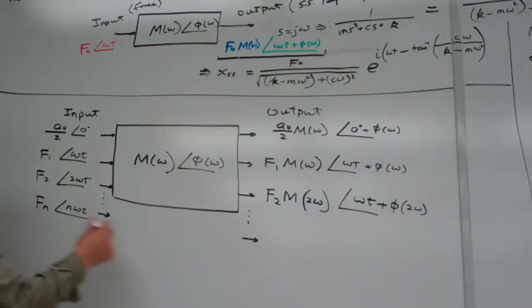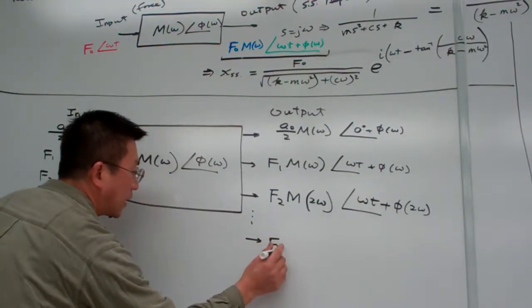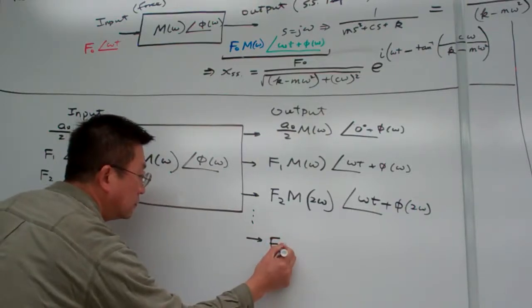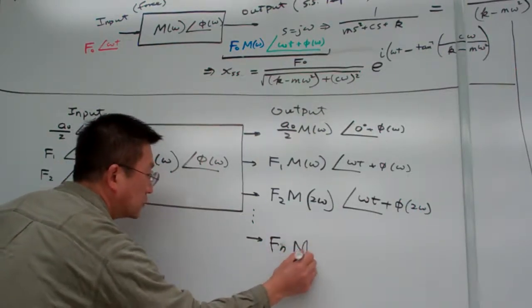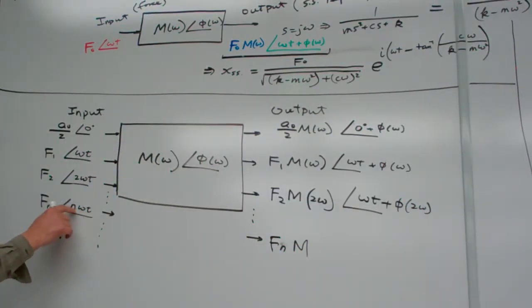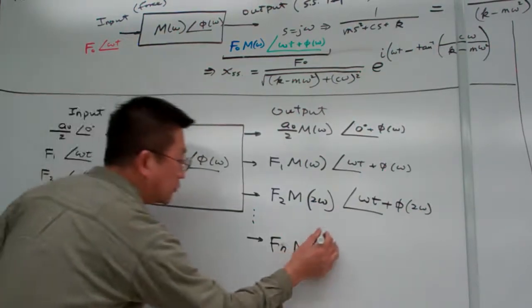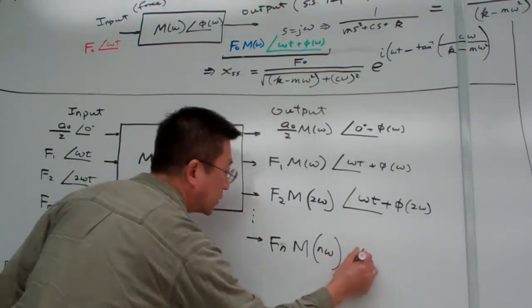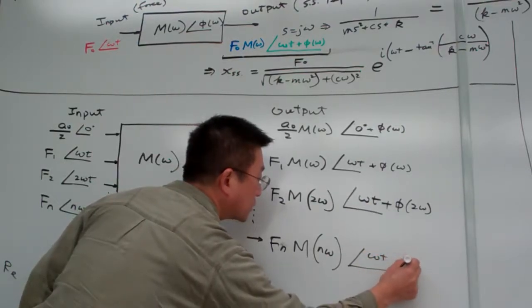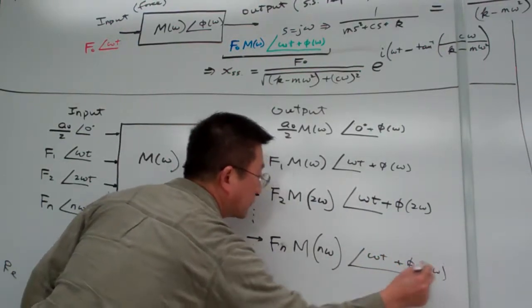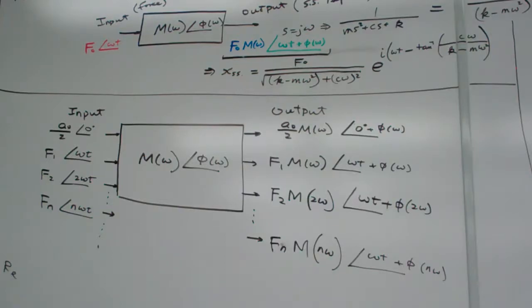For the nth component, that is Fn times M. Right now for this one, we have a working frequency n omega. So you replace by n omega, the phase angle omega t plus phi(n omega). Good.